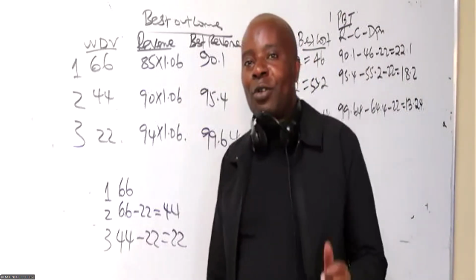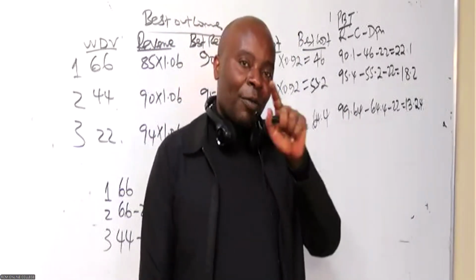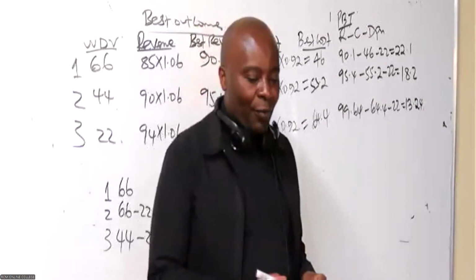Had we been given a rate of tax, if I were the one setting the question, I would have provided tax at 30%, then we would have gotten a PAT. All right. So there we are doing very, very well.